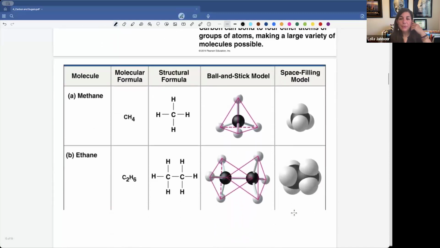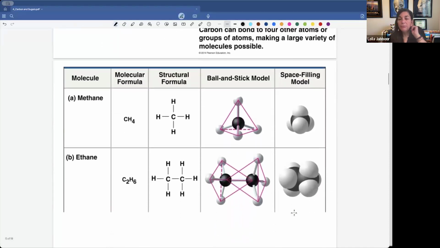So here are examples of how carbon is linked to hydrogen. This is methane, CH4. So 1 carbon creating 4 covalent bonds with 4 separate hydrogen.